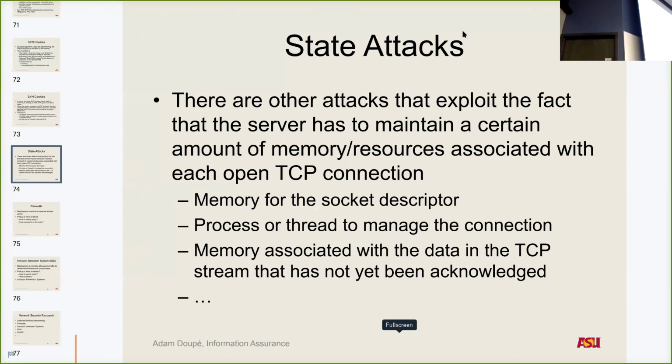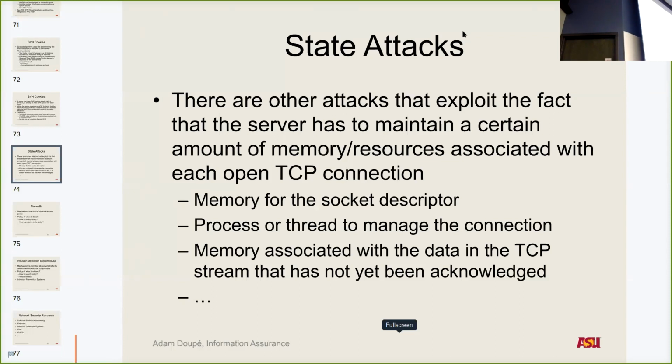Even worse is a lot of systems, let's say high performance web servers, might spin off a thread or a process to deal with each incoming connection. So that's quite a lot of memory used. There are actually all sorts of attacks, right?